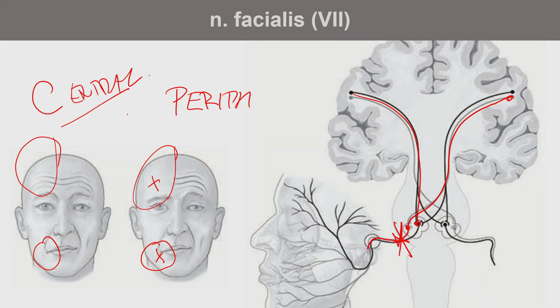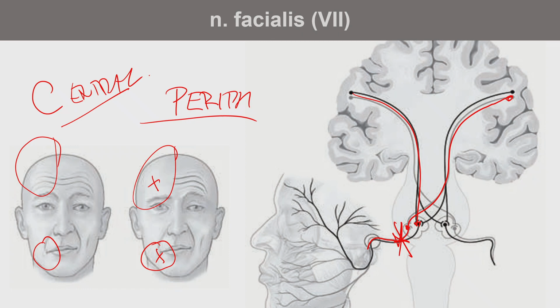So please remember it, because paresis of the facial nerve is very frequent in two situations. When you have a patient with a central paresis after brain ischemia, you have only the angle affected.